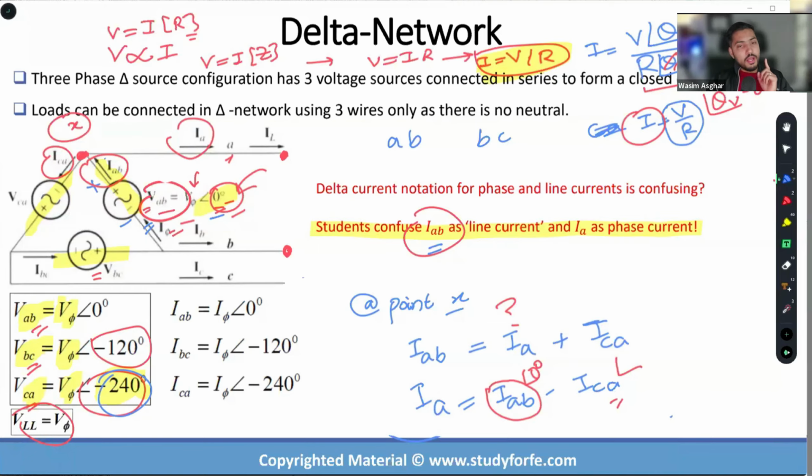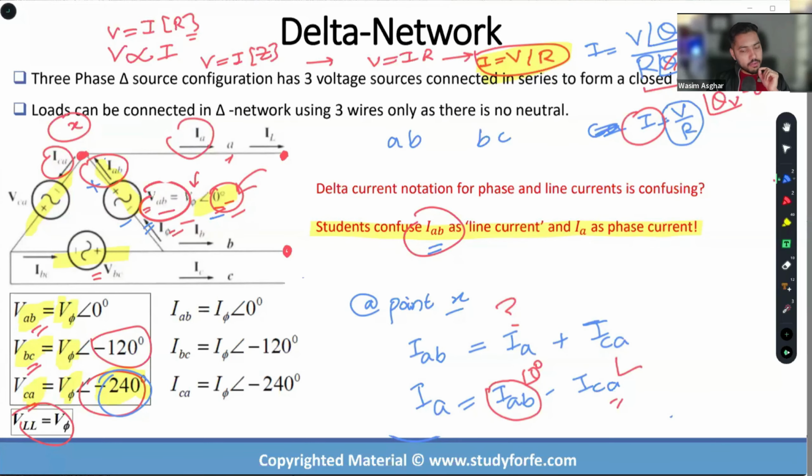Now remember, these derivations may seem like a waste of time at the moment, and you might be thinking, I have all the equations in the P Power Reference Handbook, in the FE Electrical and Computer Reference Handbook. I don't know why Wasim is wasting my time, and I don't know why I'm attending this session, right? But here's the kicker. These equations are not in the reference handbook for P power or FE electrical specifically for the Delta network.